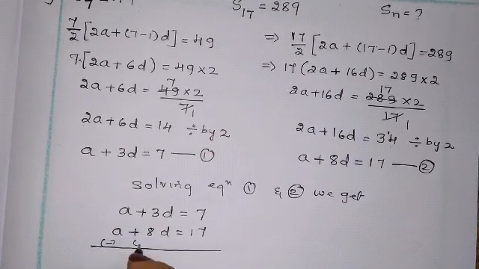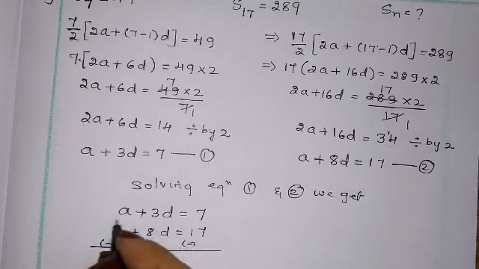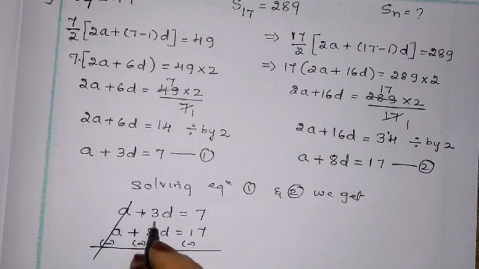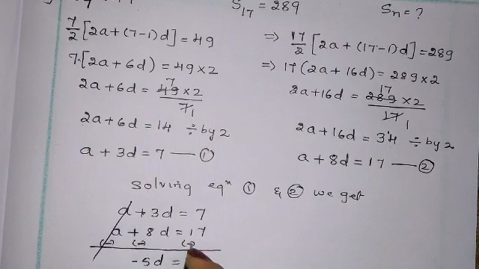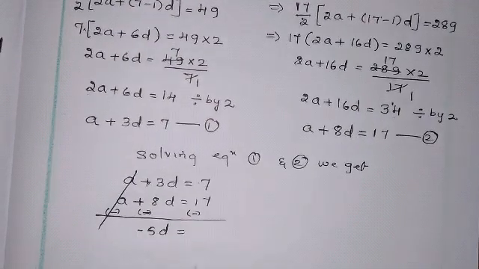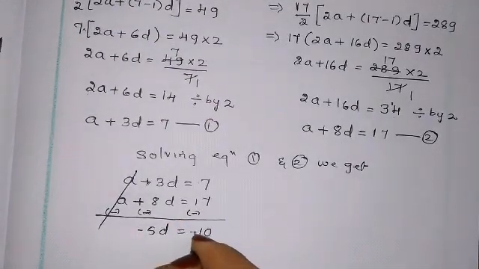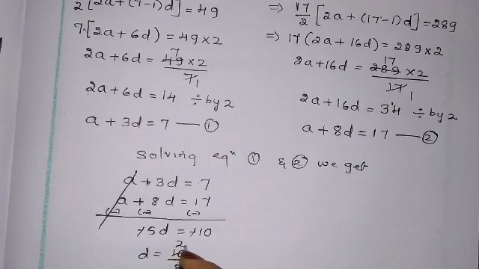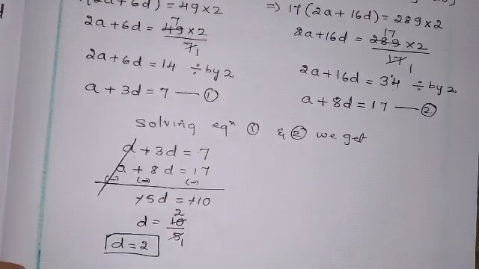Minus, plus, so minus. a gets cancelled. 3 minus 8 is minus 5d. 7 minus 17 is minus 10. Minus minus gets cancelled. d is equal to 10 by 5. 5 ones are 5, 5 twos are 10. What we got? We got d is equal to 2.